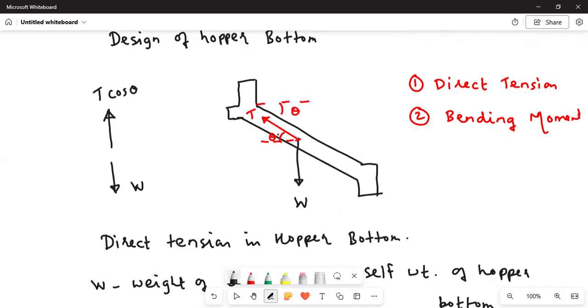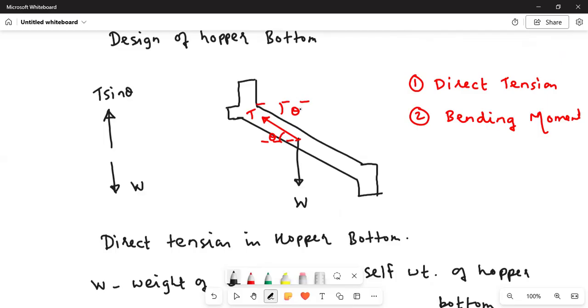So T is inclined with respect to, sorry, T sine theta. It's not T cos theta. T sine theta equal to W. So what we are doing, the T is inclined theta with respect to the horizontal.